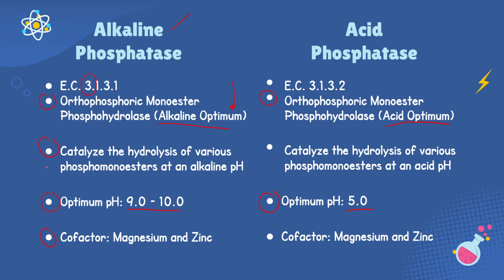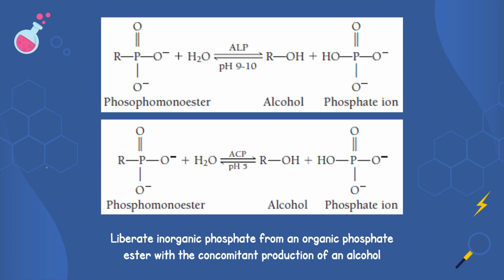Looking at their chemical reaction, again, it's just the same. Being a phosphatase, meaning to say we are removing a phosphate group. As you can see here, there's presence of water because, again, they are hydrolases and they undergo hydrolysis in their chemical reaction in order to break down certain compounds, and always our end product would be an alcohol and the removal of your phosphate ion.